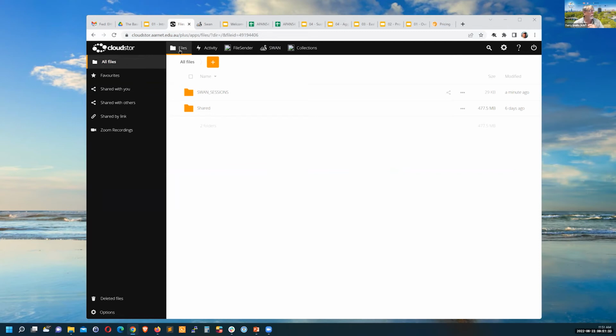They've got somewhere in the order of nearly 100,000 users across Australia who have access to this particular service. It's a really popular service. It initially just had the cloud store part for sharing files, but now it's got the Swan part for actually doing data analytics on your data sets.